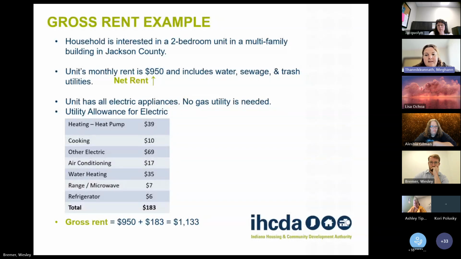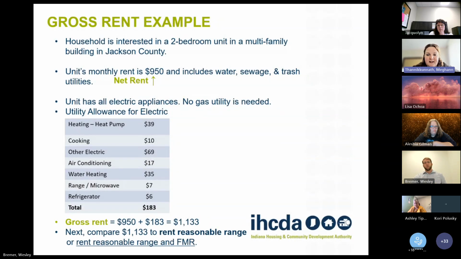And remember, this is gross rent. This is not rent. So you're going to take that $1,133 to the rent reasonable range, or rent reasonable and FMR, depending on if you're using leasing dollars or rental assistance. And you're going to compare those two and determine whether or not this $1,133 is rent reasonable.